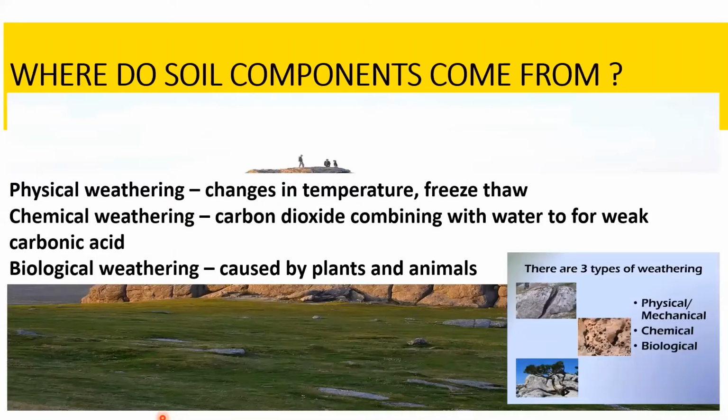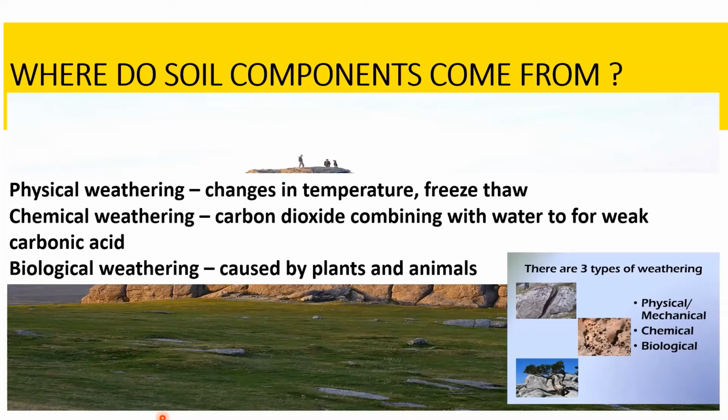Where do soil components come from? Soils are formed from the weathering and erosion of the parent rock. These rocks are gradually broken into smaller pieces. This process is known as weathering.